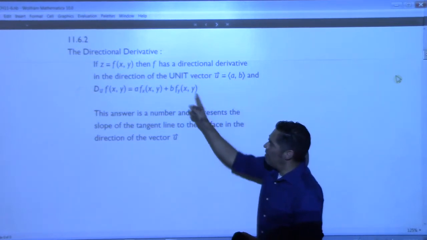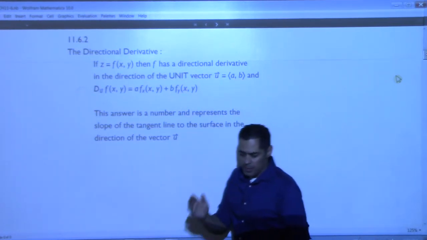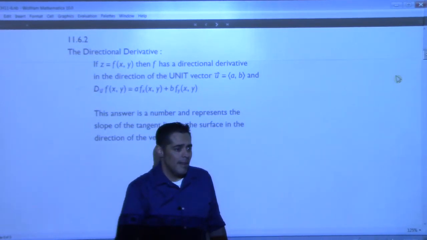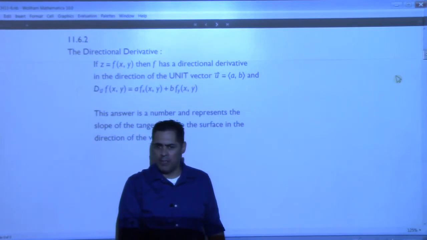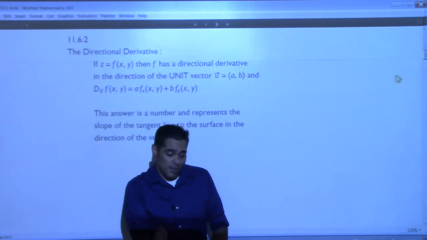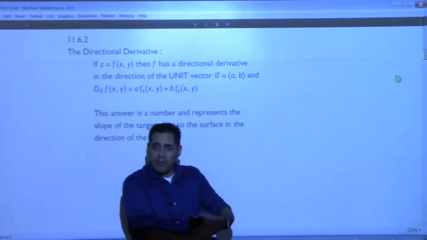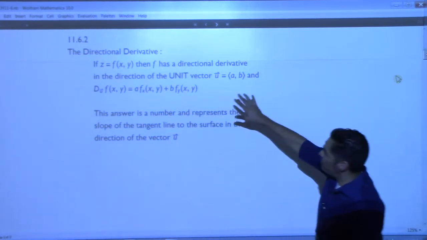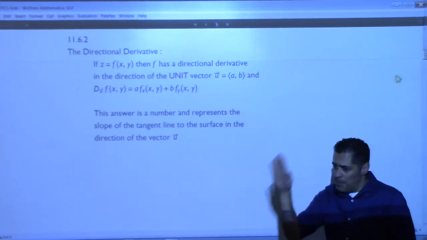I've capitalized unit vector because when we look on the ground we see an arrow down there, and that's a vector. That vector down there, we need it to be a unit vector. Unit means what? Length of 1, okay? So if somebody tells us the direction we're supposed to point in terms of a vector, we first have to make it a unit vector. Once it's a unit vector, we can use this formula to find the slope of the tangent line.